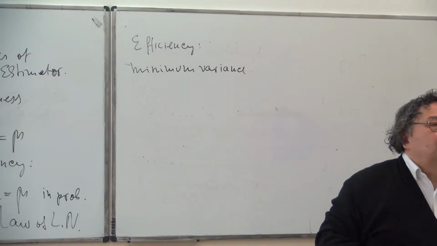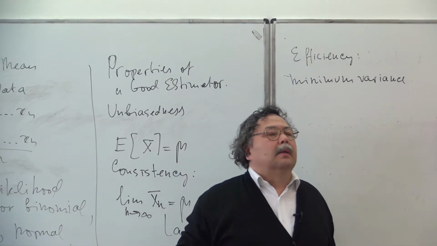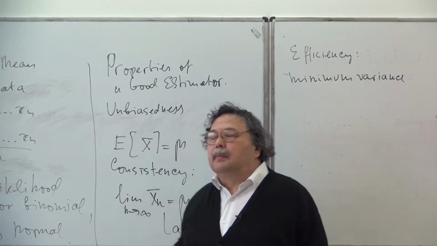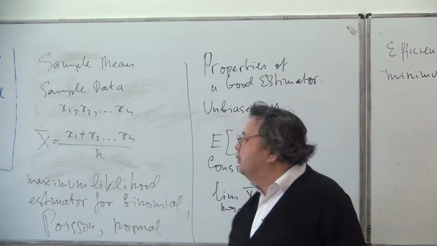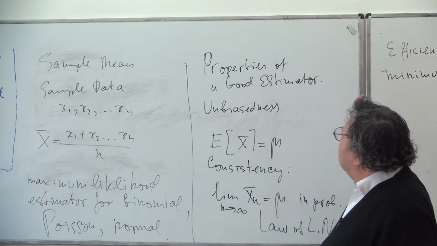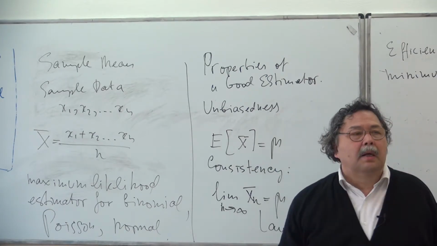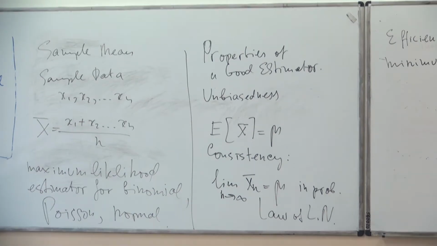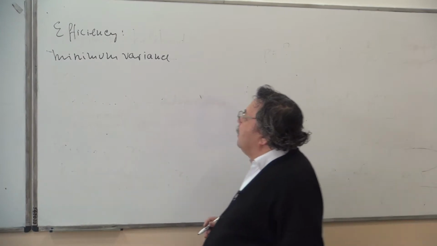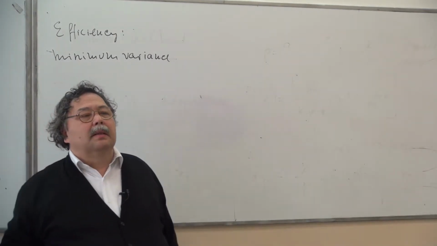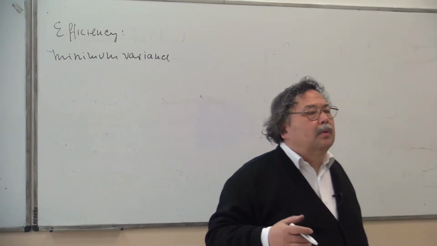So x bar, the sample mean, is an estimator of mu, the mean of the underlying population variable, that satisfies the maximum likelihood principle, the requirements of unbiasedness, consistency, and efficiency, which makes it the best estimator in many respects.